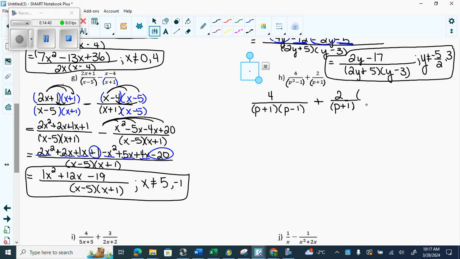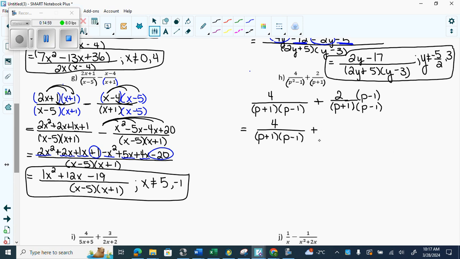By p minus 1. So I'm going to get an equal sign running down the left-hand side. 4 over p plus 1, p minus 1.